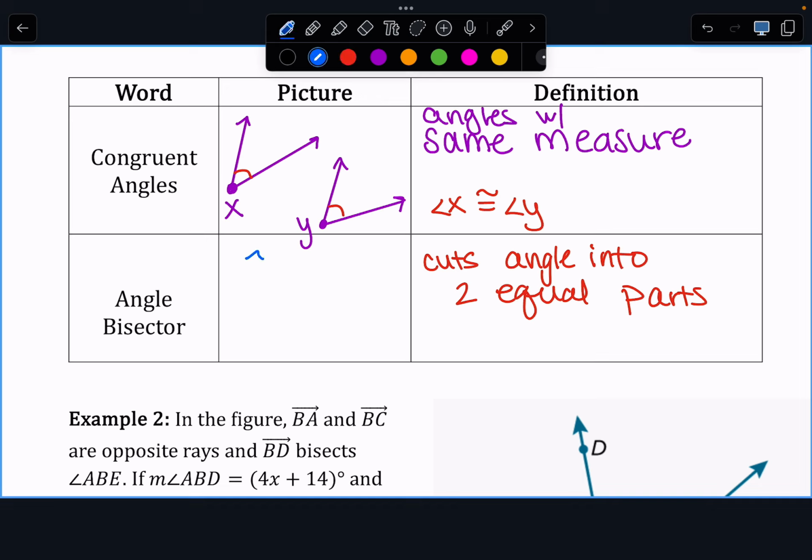So I'm going to draw you a picture. All right, draw the picture.